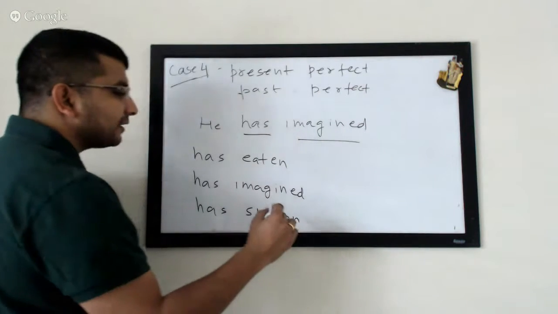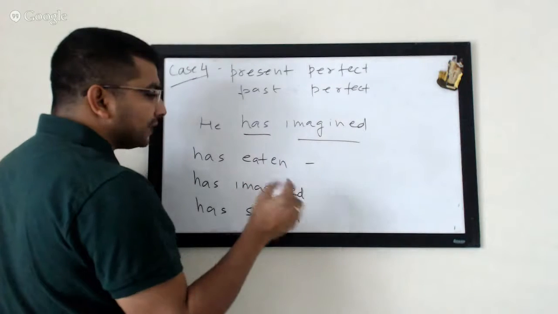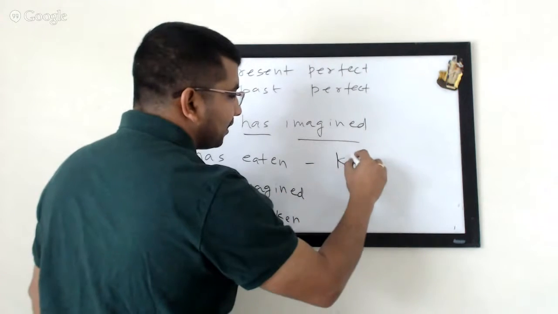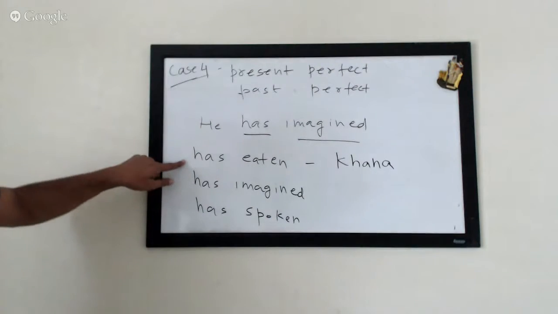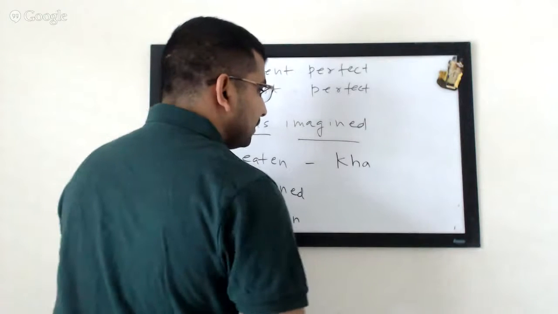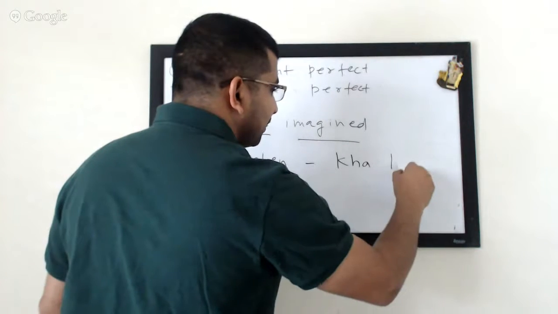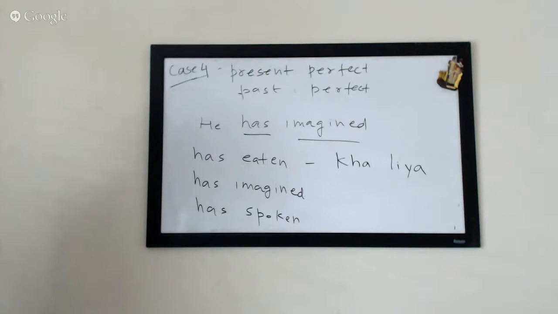How do we say that? To eat is khana, but when you say has eaten, it would be kha liya.